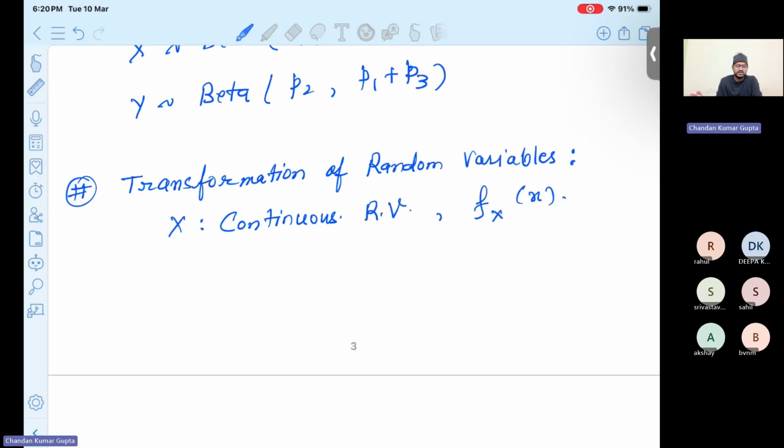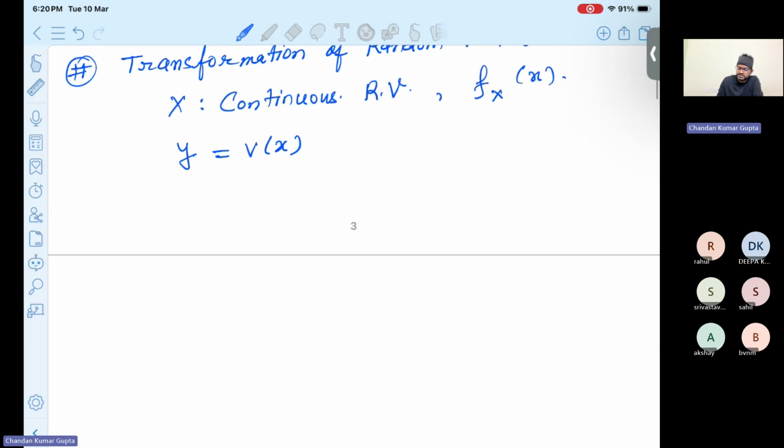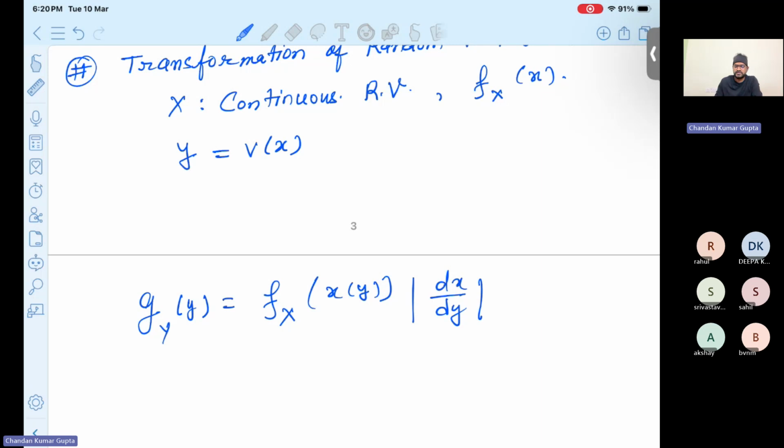Suppose we transform to a different random variable y, which is a function of x. In that case, the PDF of y will be fx of x in terms of y, where x is a function of y, times the Jacobian dx upon dy.